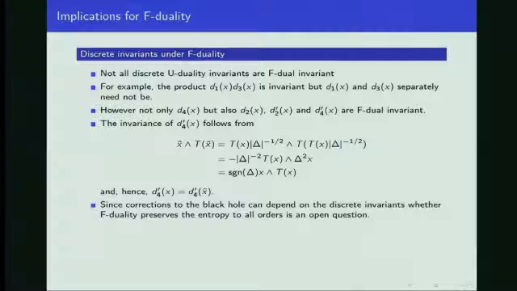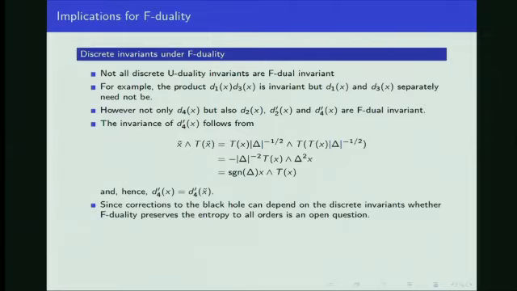Now you might ask, if this is a symmetry that leaves the Bekenstein-Hawking entropy invariant, and since U-duality, which in this case was E7, also leaves it invariant, can we be sure that we're not just doing a special case of a U-duality?